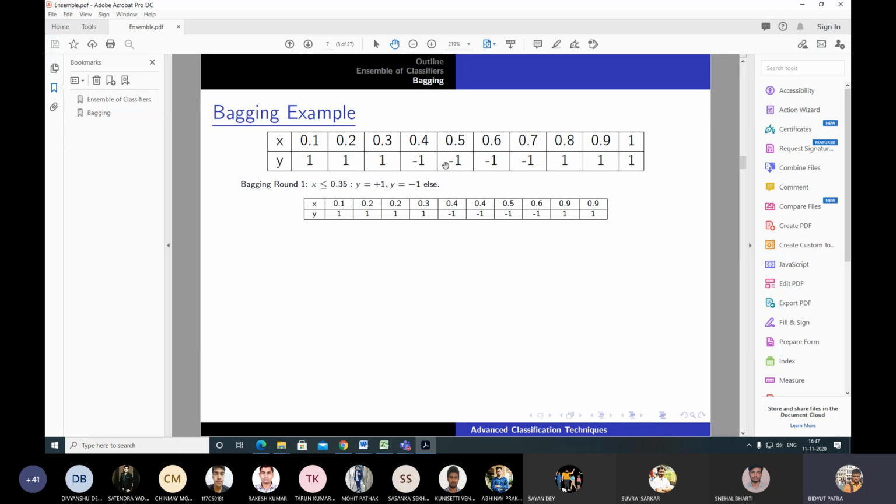So you cannot keep it here. If you say this is negative, this will be wrong; if you say positive, this will be wrong. The error is minimized with a decision stump such that x less than or equal to 0.35 is positive, otherwise negative.